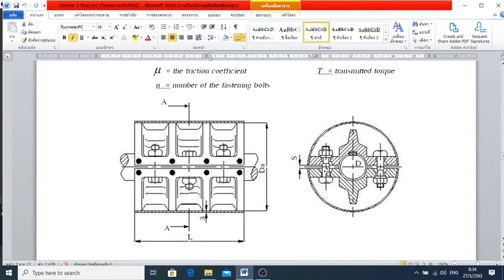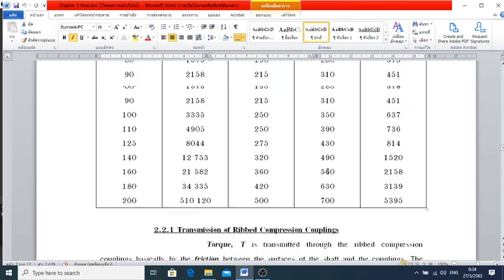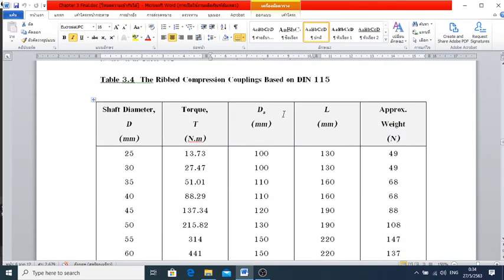It's just going to look like that. So this is the standard of the German machine. The German machine uses a lot of compression coupling. So based on the standards of the DIN, I mentioned DIN before, this is the German standard. It's going to be pretty high standards anyway.